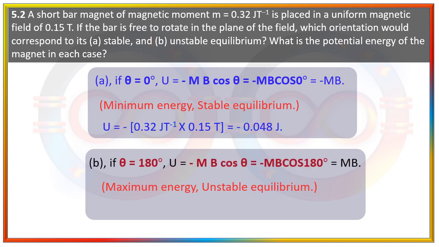Similarly, for the unstable equilibrium, the orientation is 180 degree and the energy is maximum, that is plus mB. Again, if we put the values, it is 0.48 but with positive sign, which is the answer for the unstable equilibrium.